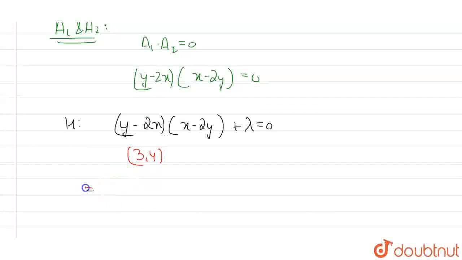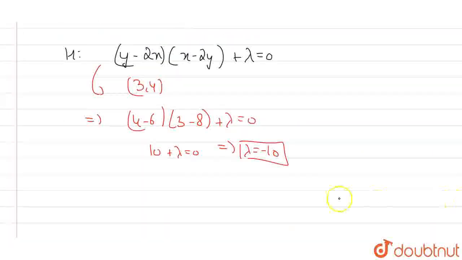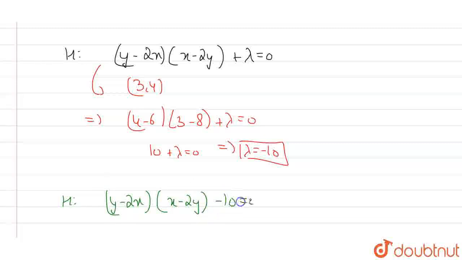So this equation will become (4 minus 2 into 3) into (3 minus 2 into 4) plus lambda equals 0. This is (4 minus 6) times (3 minus 8), which is minus 2 times minus 5, which is 10. So 10 plus lambda equals 0, and lambda will be minus 10. Placing the value of lambda, the equation of the hyperbola becomes (y minus 2x)(x minus 2y) minus 10 equals 0.